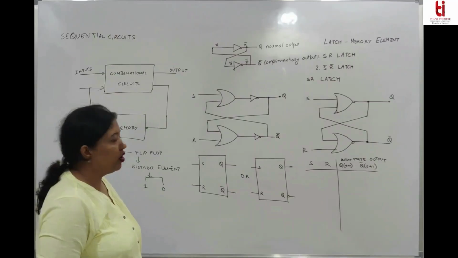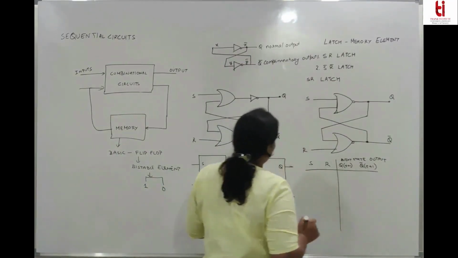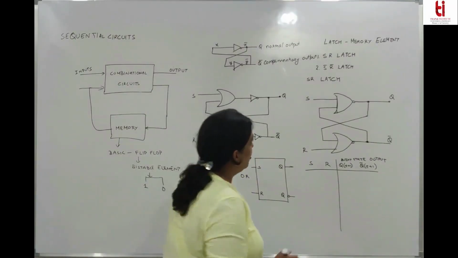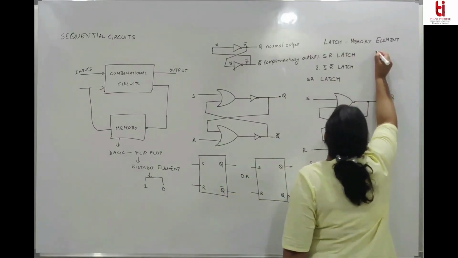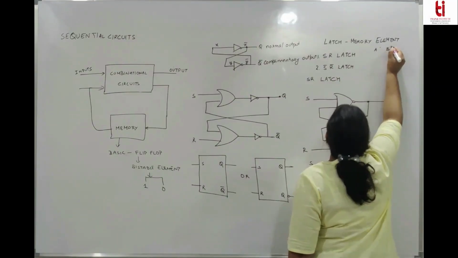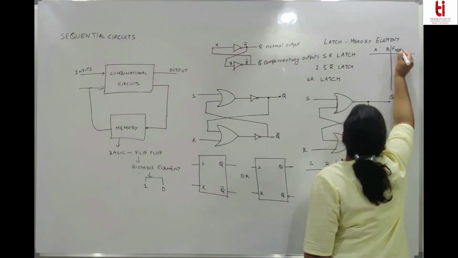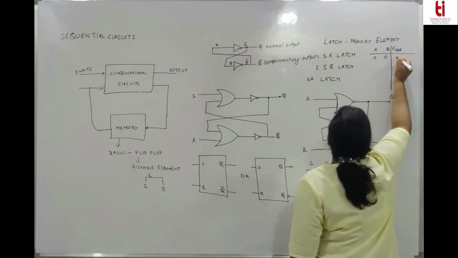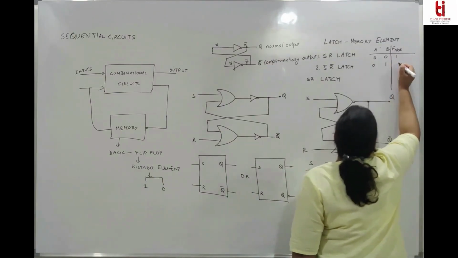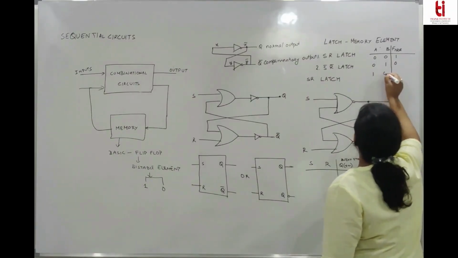Now we know that for a NOR gate, what is the truth table? If A and B are the inputs of a NOR gate, what is F NOR? If both are 0, it is going to be 1. If there is a single 1, if any of the inputs are 1, the output is 0.